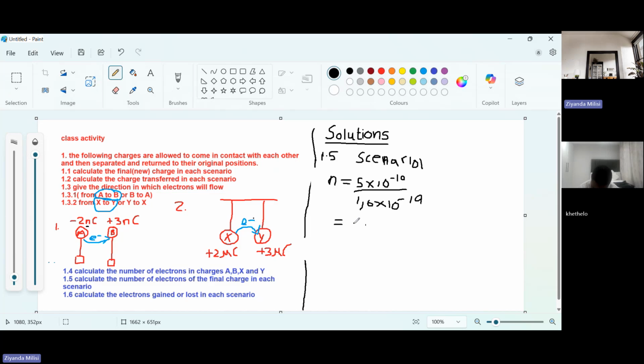It's 3.125 times 10 to the power 9, is it?